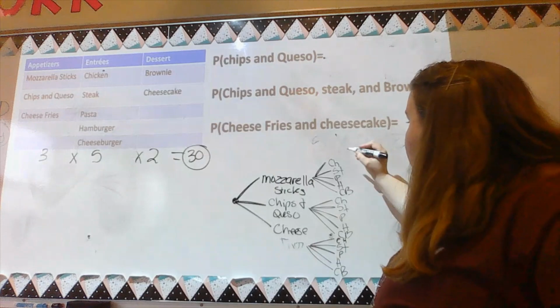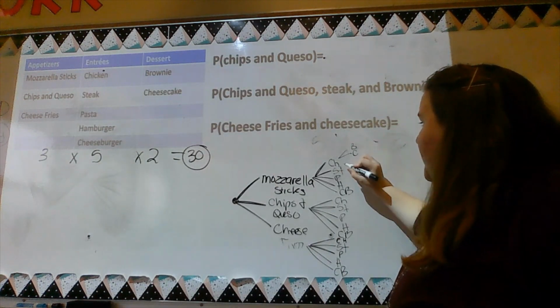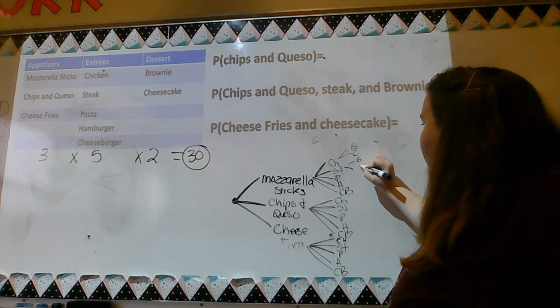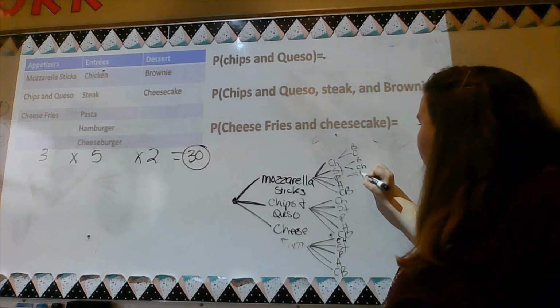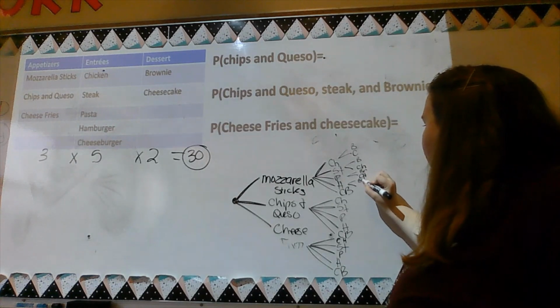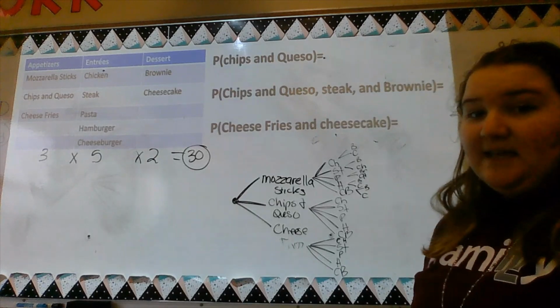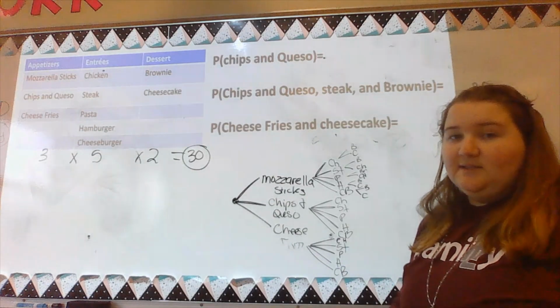So, for each of these, I have brownie and cheesecake. Brownie and cheesecake. Yes, it's going to take you some time, okay? So it's going to take you a second. That's okay.